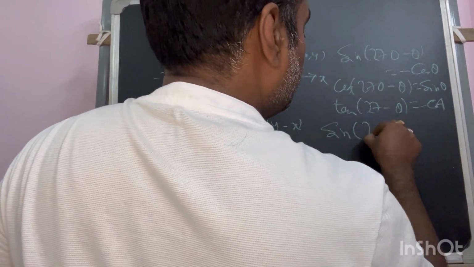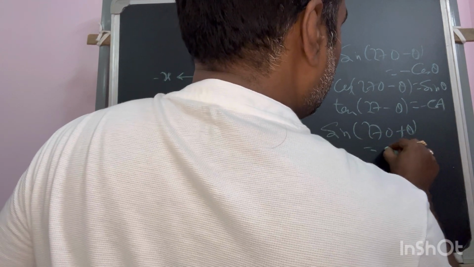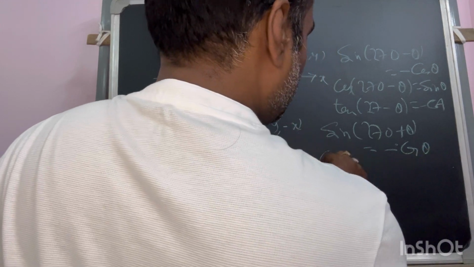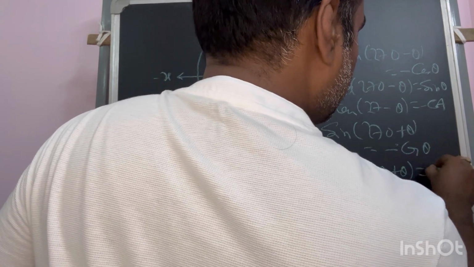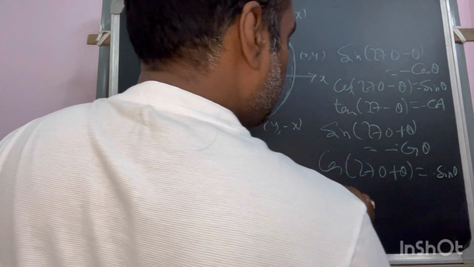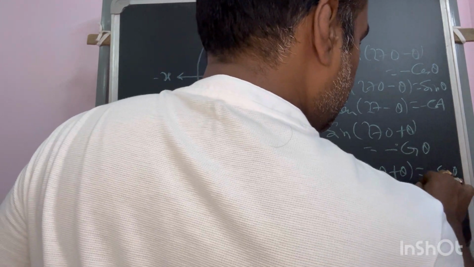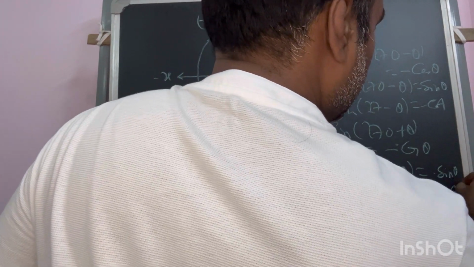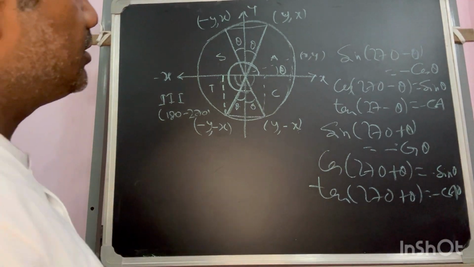Sin of 270 plus theta is equal to minus cos theta. Cos of 270 plus theta is equal to plus sin theta. Tan of 270 plus theta is equal to minus cot theta. So earlier the ratios we have seen, so this is the further one.